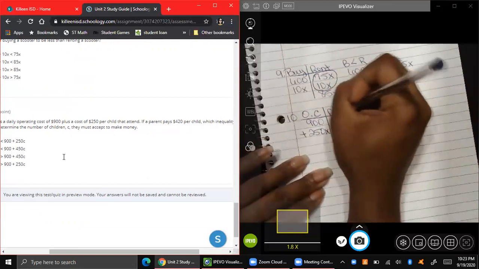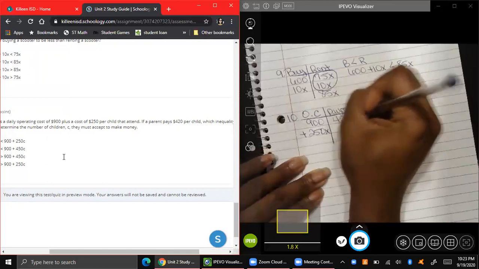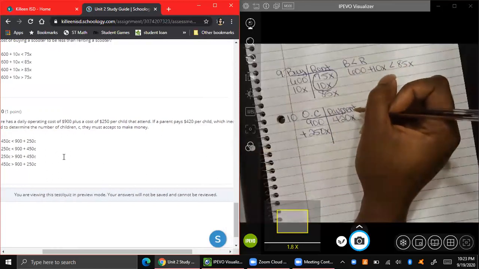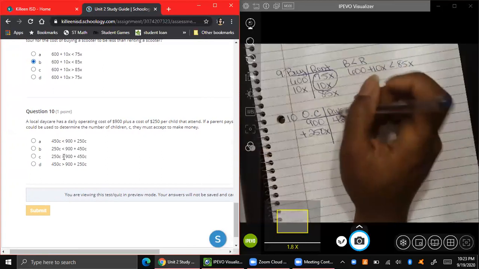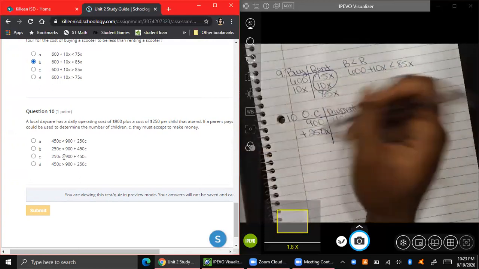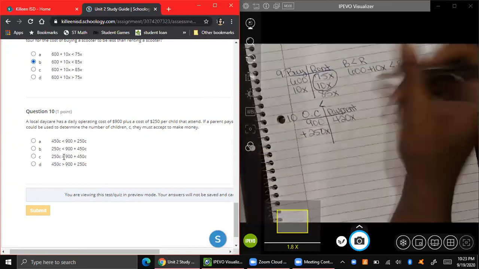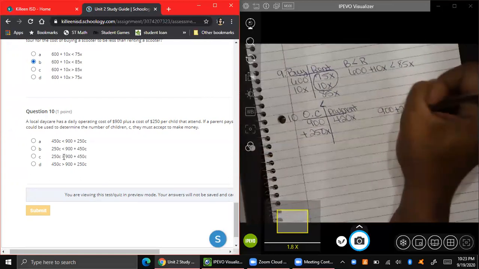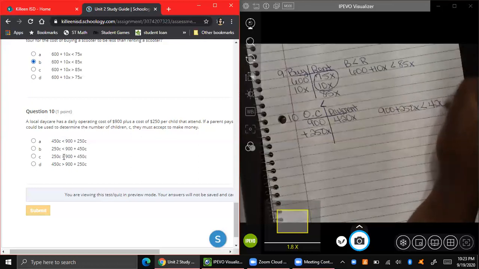So payment basically from the parents is $420 per child. Which inequality could be used to determine the number of children they must accept to make money? Remember, if you want to make money, you need to receive more money than you're spending. Operating cost is what you're spending, payment is what you're receiving. So you want what you're receiving to be more than what you are paying. So when I have that, I have 900 plus 250x, or C, is less than 420x, or C.